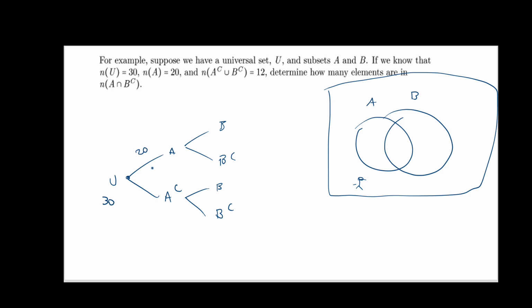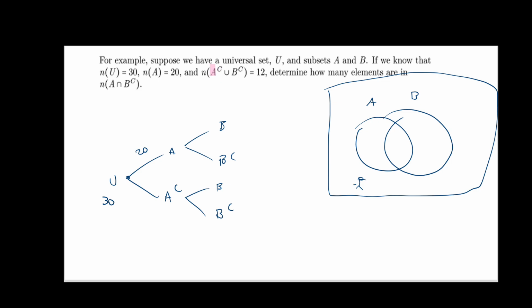And I know that A complement union B complement is 12. Okay? All right. When you see a union in your tree, you should stop and think, I must have more than one path highlighted. So let's think about the paths here, okay?